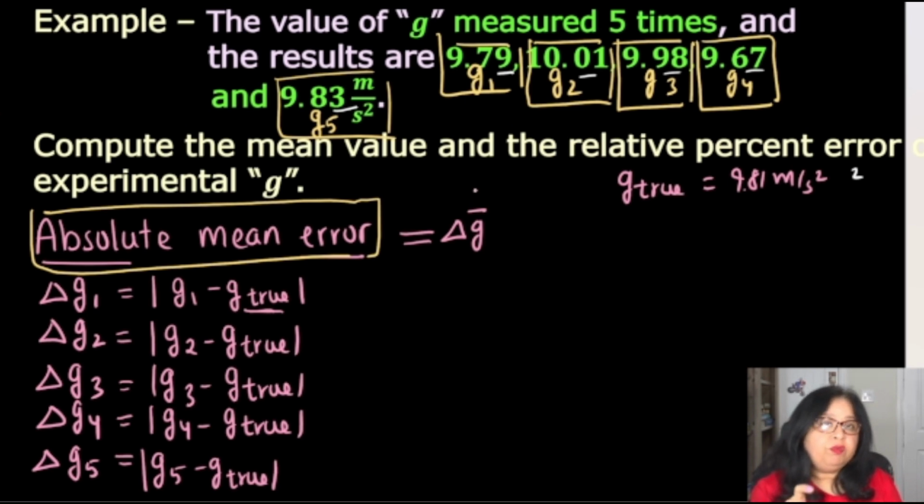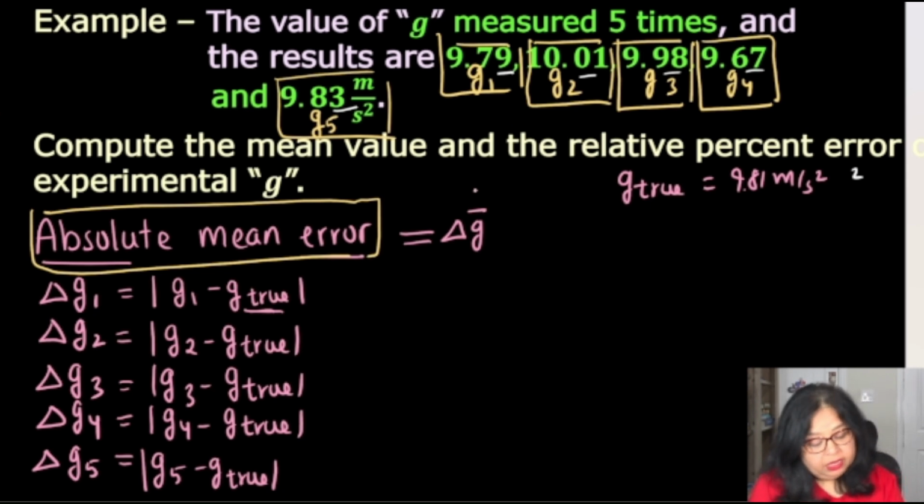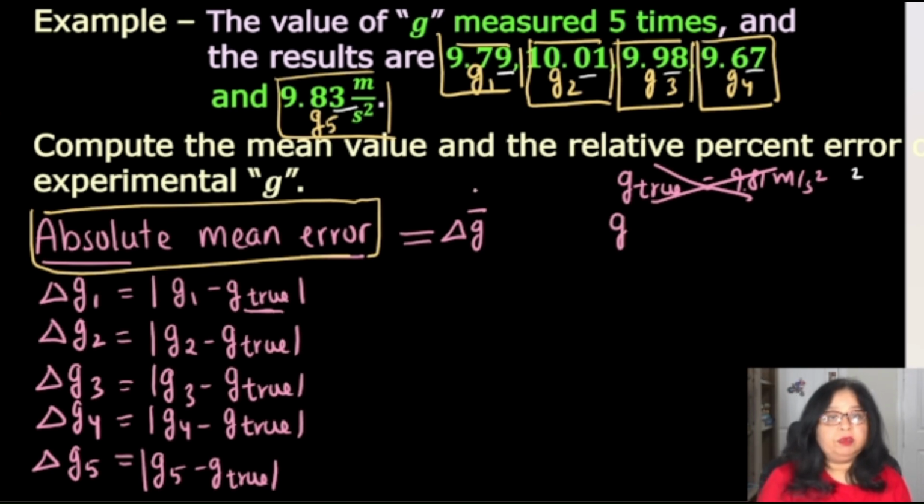However, when we are going to find the error, that error is with respect to the experimental value, the measured value. So we're trying to figure out how much is the error in the value that we have measured. Therefore, for this case, you're going to look at the average value of G that we have found. So G true is not going to be 9.81 unless the experimental average happens to be equal to 9.81.